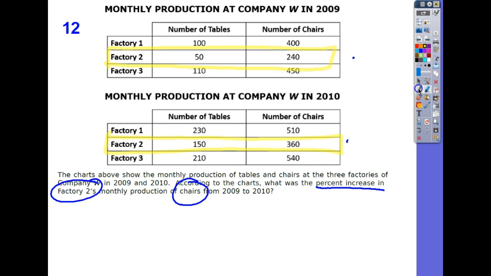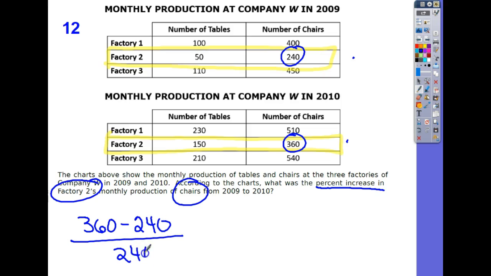And second of all, we need to make sure we're in the column that has chairs. So, how do you find the percent increase? The percent increase is the difference divided by the original, and then you times it by 100 to change it into a percent.